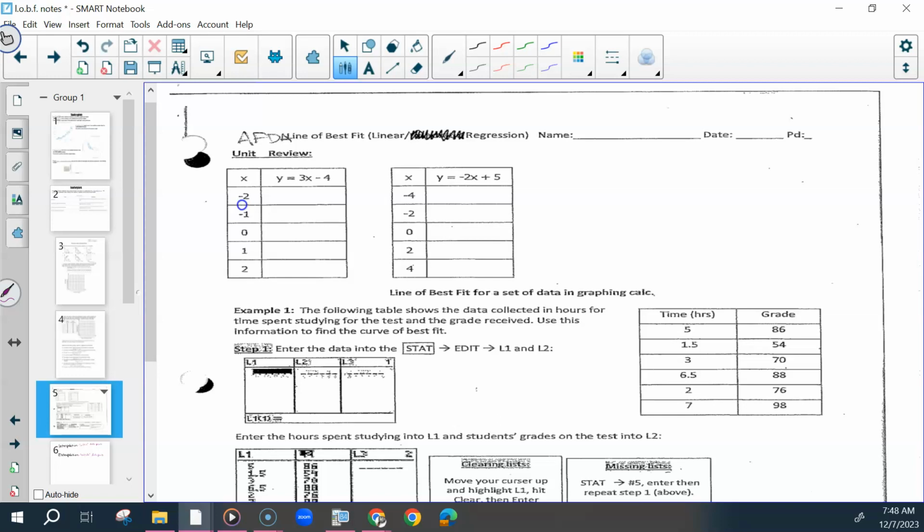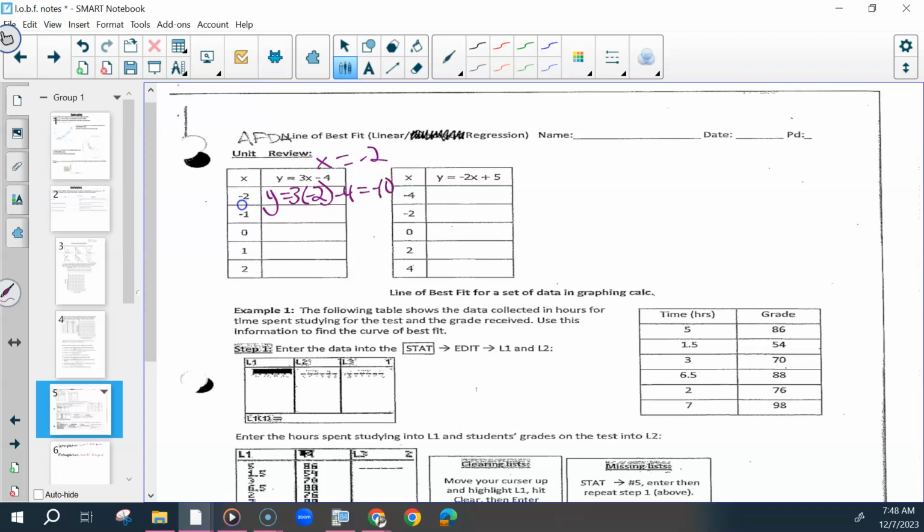So let's figure out how to find that answer. I said x equals negative 2. I'm trying to find the y value. What could I do with that? Put negative 2 in for x and figure out your answer, which would be negative 6 minus 4.